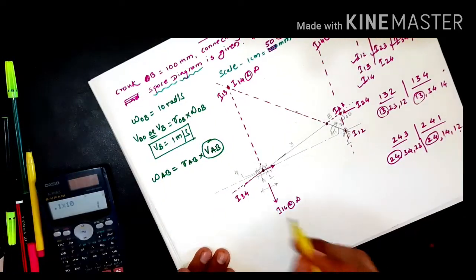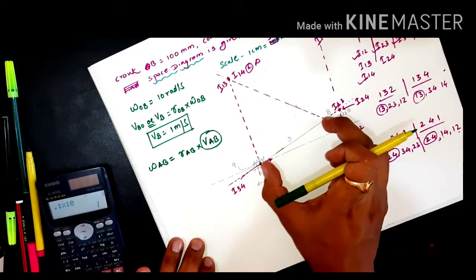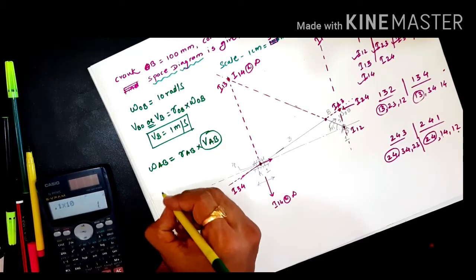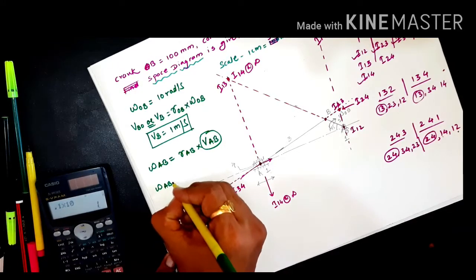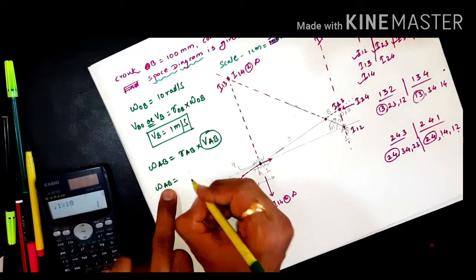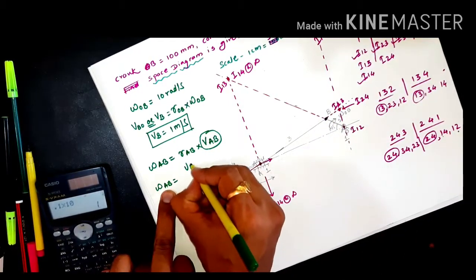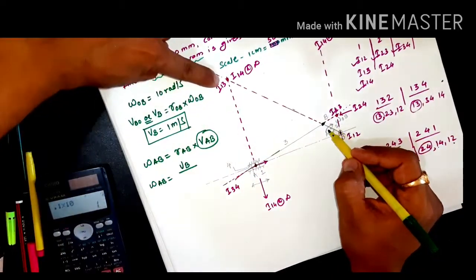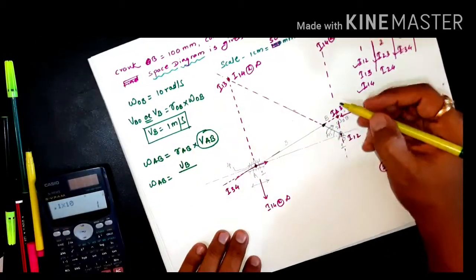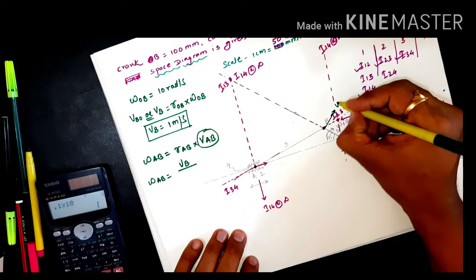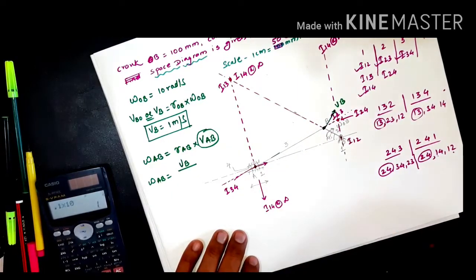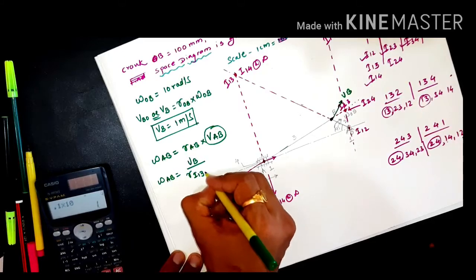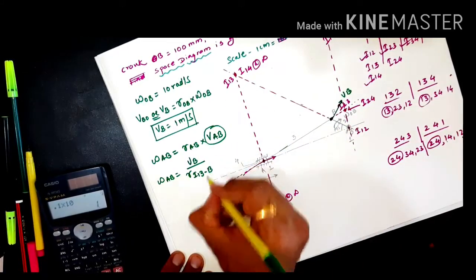So another way of calculating omega AB is to take the two points of that link, A and B. Omega AB will be equal to VB divided by the radius at which this velocity VB on link AB is moving. Now this B point on link AB has its center at I13, so the radius will be I13B, this distance.